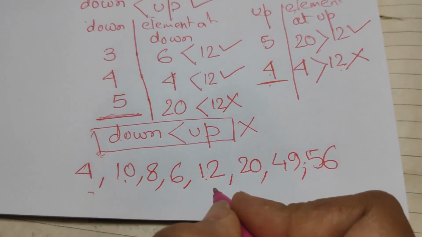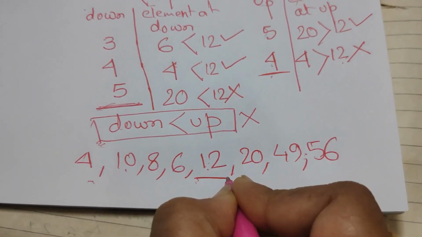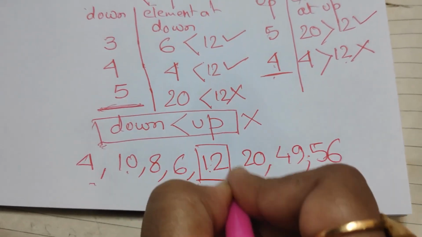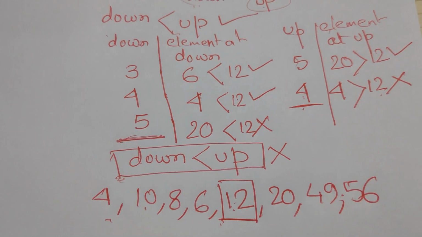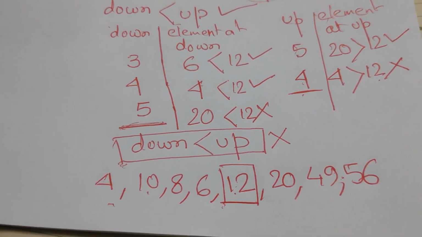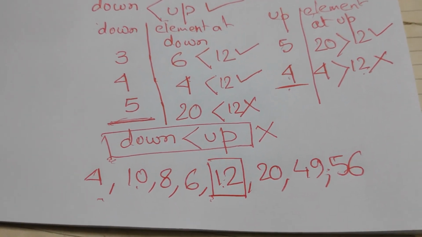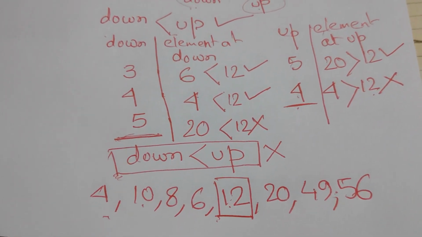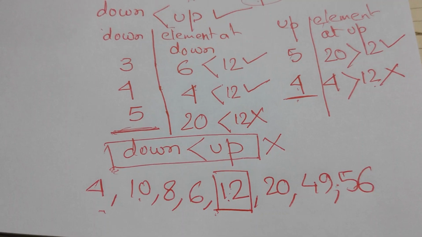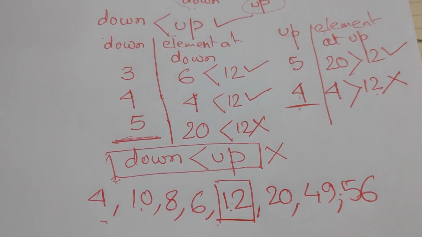So this pivot element has been put at its correct location in the array. That means we could place the pivot element at its correct position in the array after the first pass.